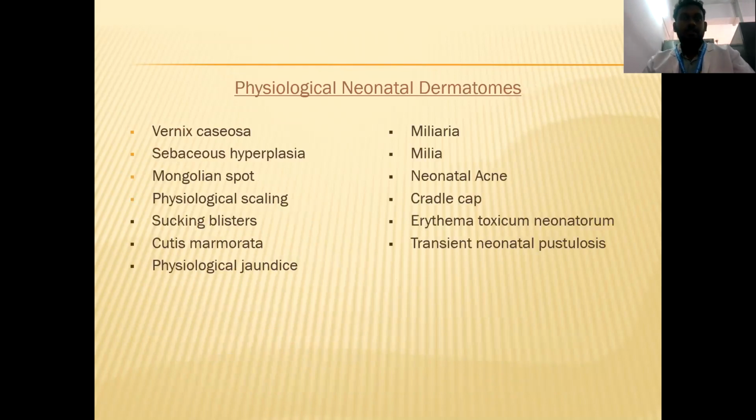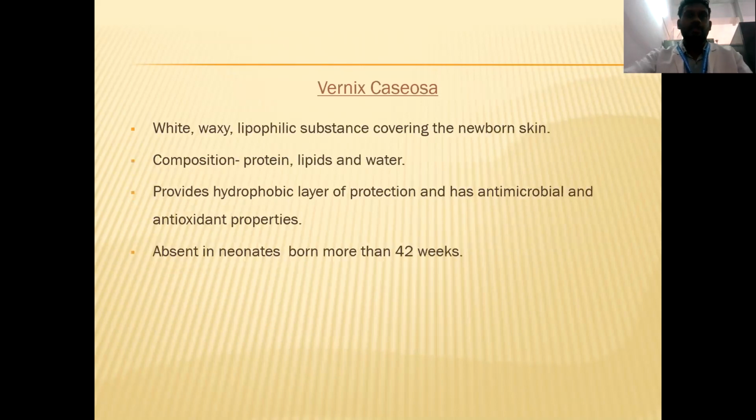So let's see the common physiological neonatal dermatoses here. These include vernix caseosa, sebaceous hyperplasia, Mongolian spot, physiological scaling, sucking blisters, cutis marmorata, physiological jaundice, milia, neonatal acne, cradle cap, erythema toxicum neonatorum, and transient neonatal pustulosis.